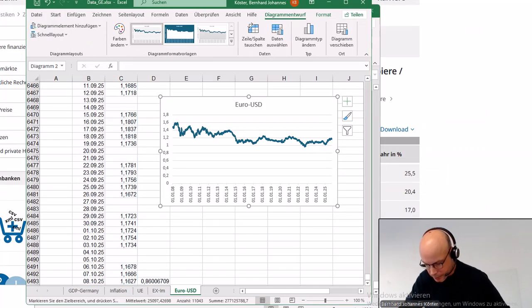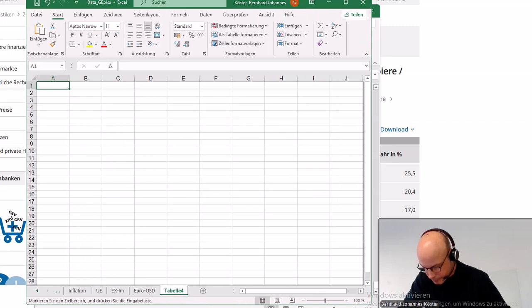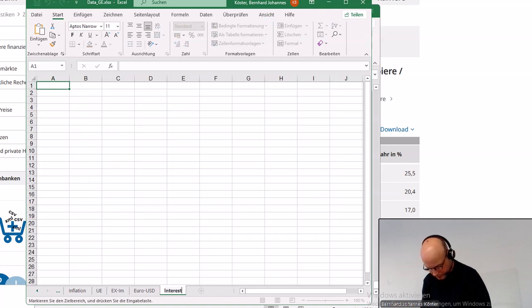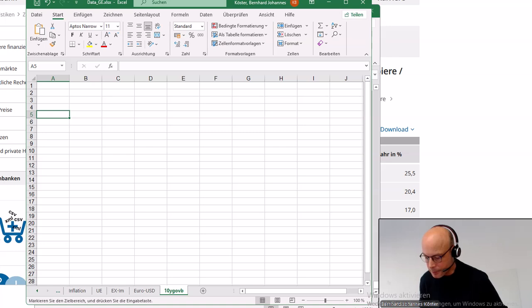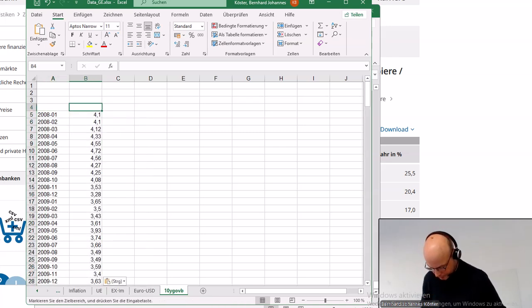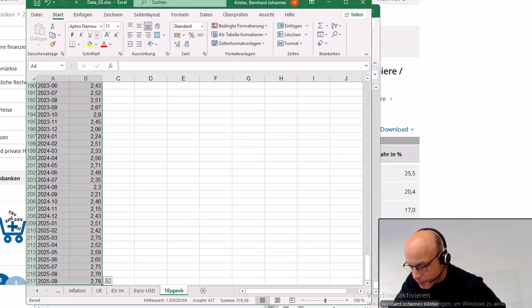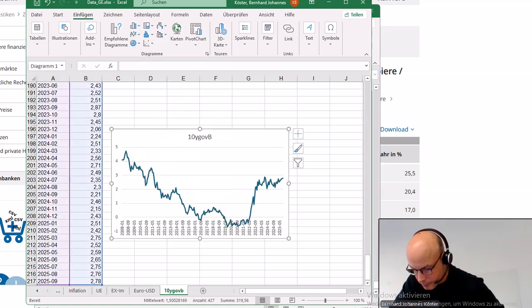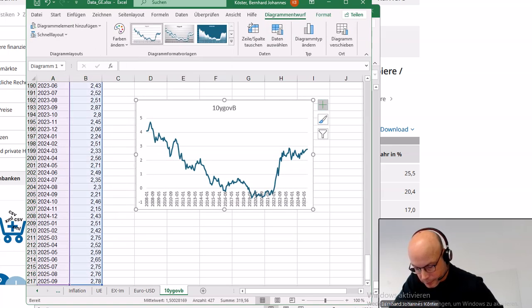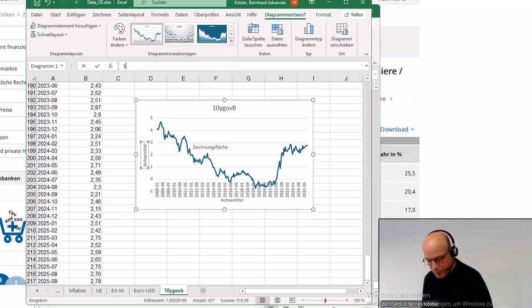Let's say 10-year government bonds, in percent.